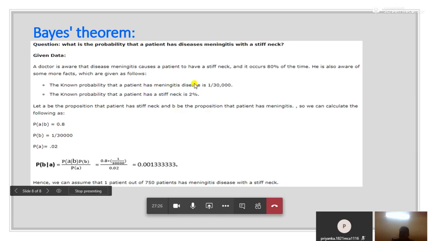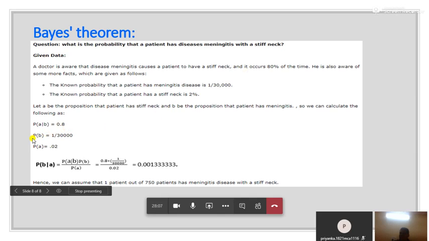From the above given data, we find that P(A|B) is 0.8. That means for the patient with the disease meningitis, the probability of a stiff neck is already given as 80%, which in probability we write as 0.8.